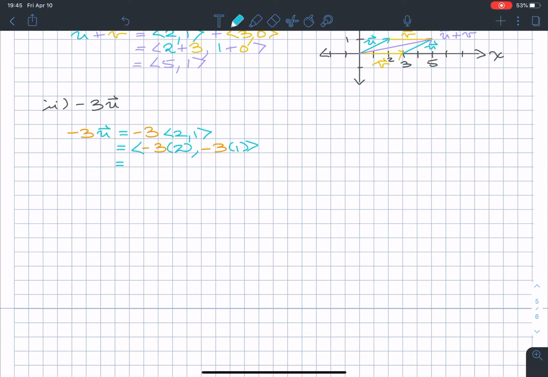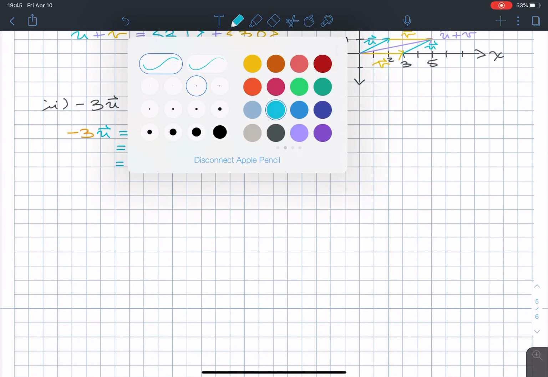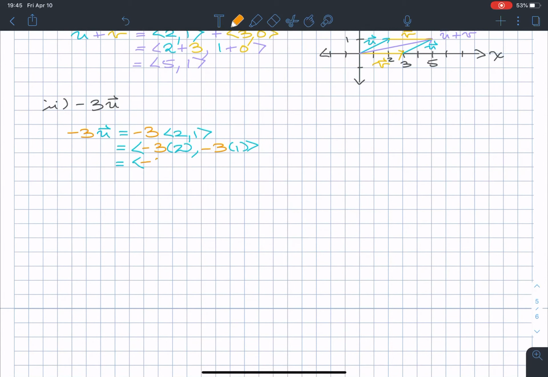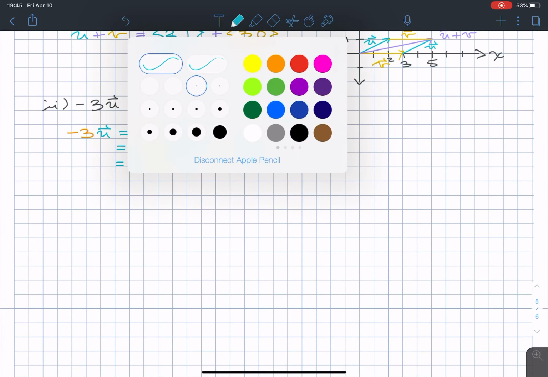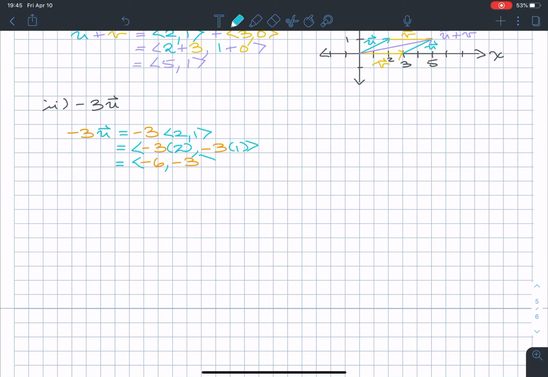Okay, so what does that give us? That gives us negative 6 and negative 3. So let's go ahead and plot that.